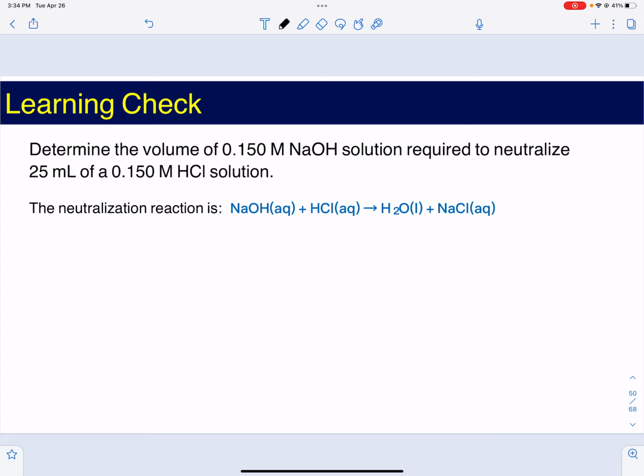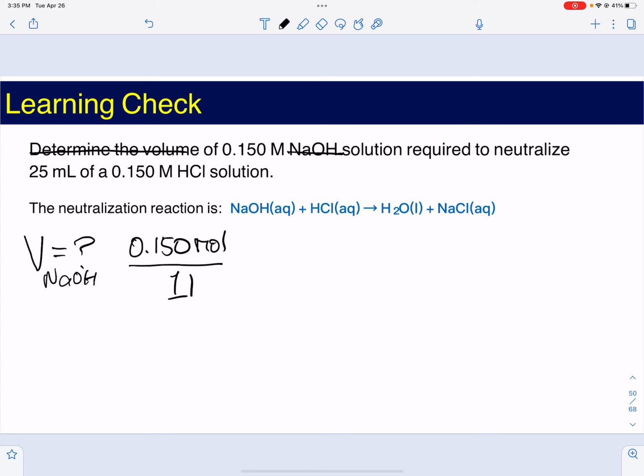Let's look at this problem. Determine the volume of NaOH. That's what we're looking for. This NaOH is 0.150, not M, but moles for every 1 liter.